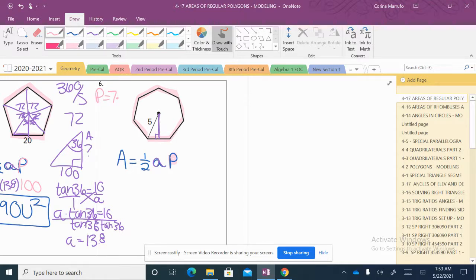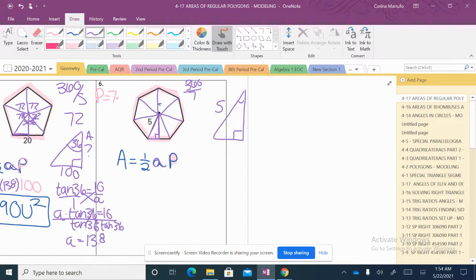Okay. Now I'm going to go ahead and take this triangle and draw it here off to the side, just so I don't get it super messy. But this is 5. I'm going to go ahead and find out what that angle is. Okay. Since it has 7 sides, we would have 7 central angles. Okay, so I'm going to do 360 divided by 7, and that gives me 51.42.